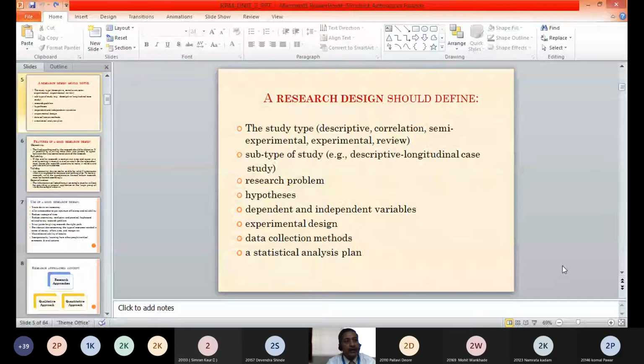The plan for analyzing that data also needs to be stated in the research design. These are all components of research design, what a research design should include. So all these are the different components that are important in your research design.